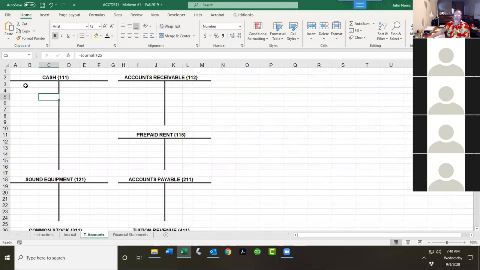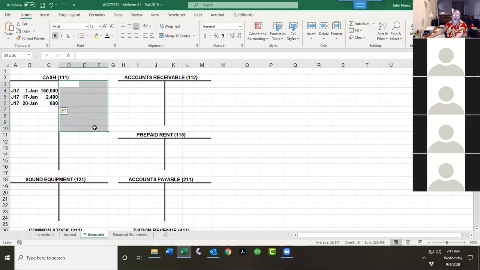So, all right, then you're going to take these transactions and you're going to post them. So you're going to post the initial cash deposit. You're going to post the receipt of revenue. You're going to post the receipt of the accounts receivable, and then all of the various disbursements.